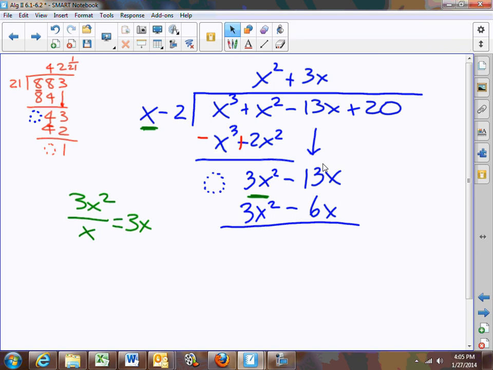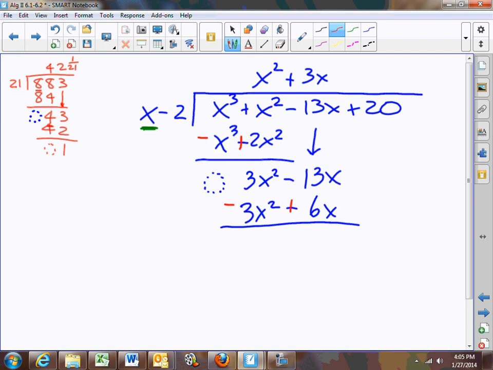Now, once again, we want to subtract. Let's get rid of this. We want to subtract, so we'll distribute a negative sign to each term of the polynomial we're subtracting, and then we'll add. 3x squared plus negative 3x squared is 0, and negative 13x plus 6x is negative 7x.